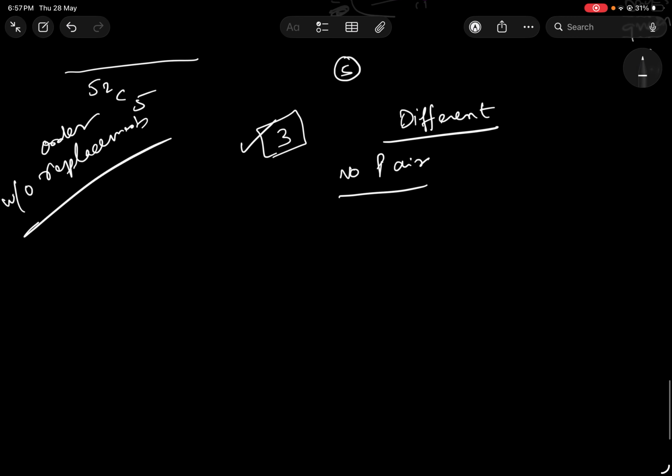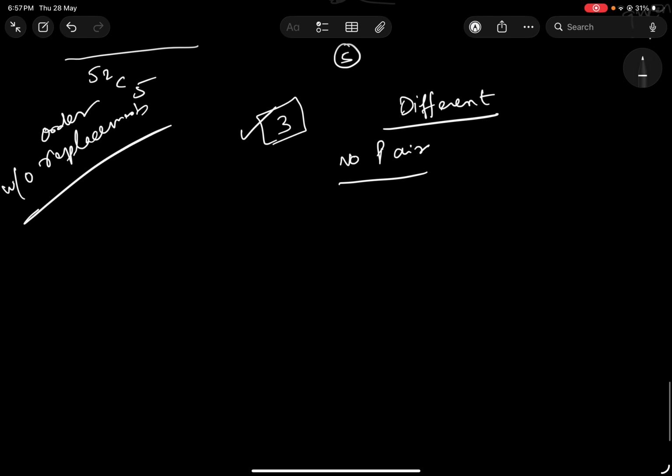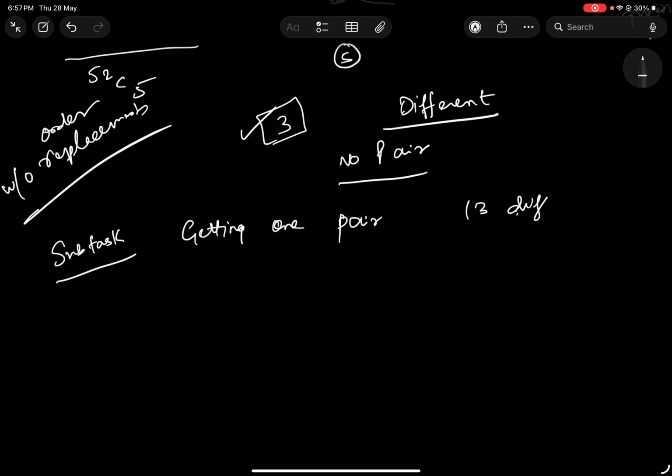Okay, so first let's deal with the subtask of getting 1 pair. Now we have 13 different numbers. We have seen this. So first of all, I will choose one number out of it, and that can be chosen in 13C1 ways.